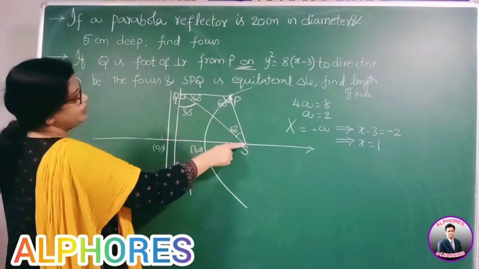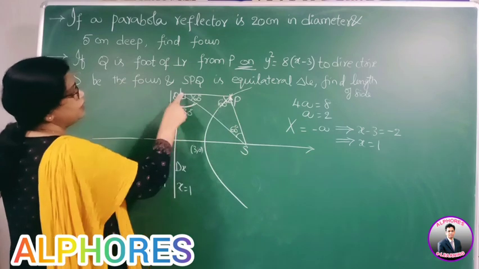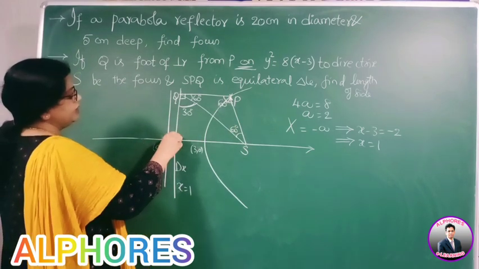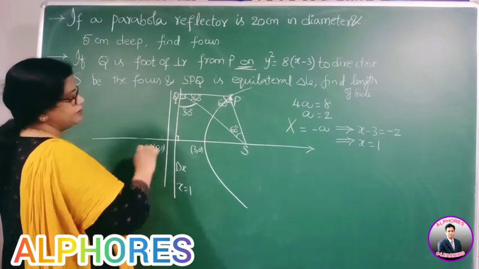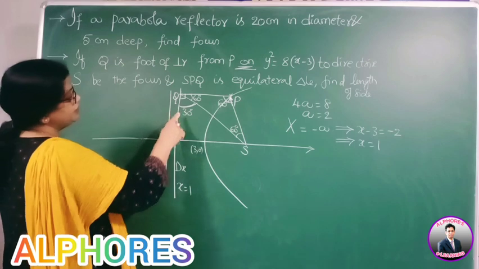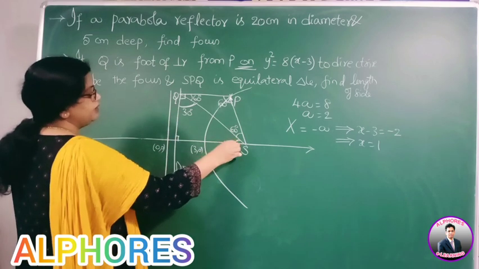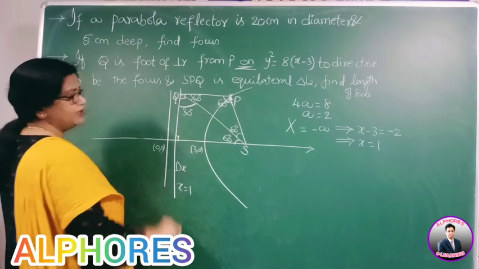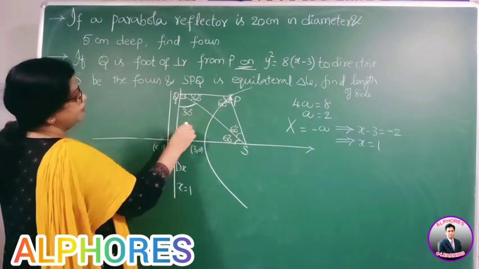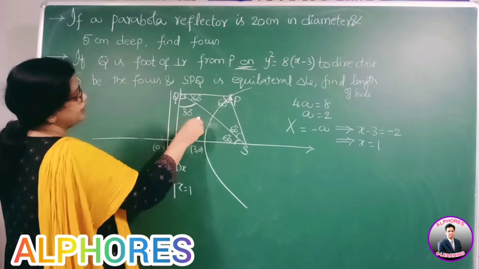Here SQ, or SP, or PQ is our requirement. Again this is 90 degrees, because the directrix is perpendicular to the axis of the parabola. So with 30 and 90, this angle is 60 degrees.